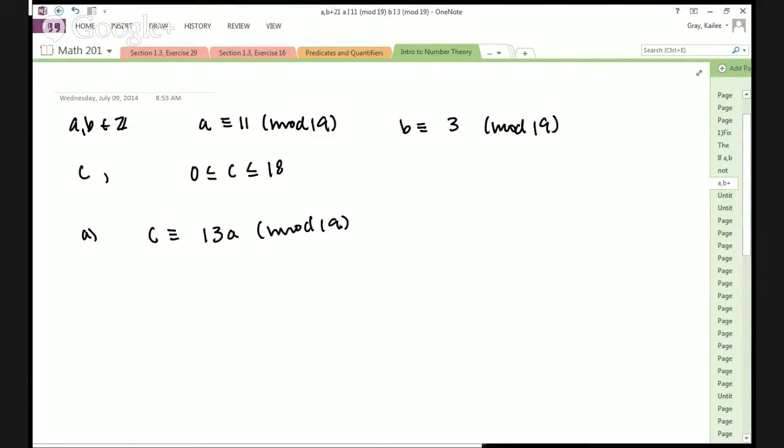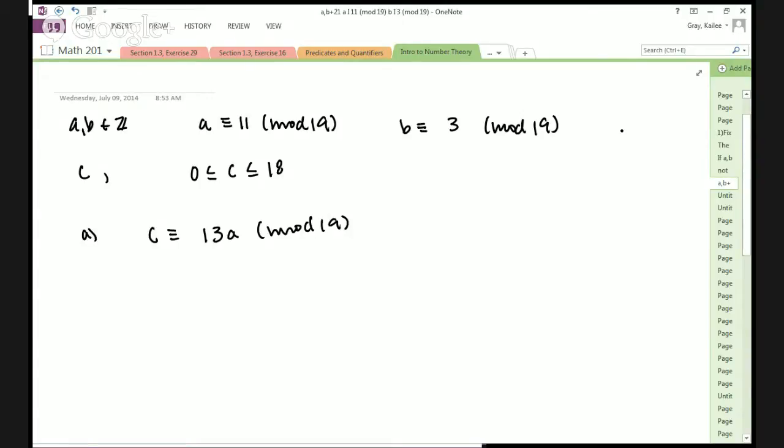It's kind of like combining equations, you know? So I can add to both sides of a congruence and still maintain its truth value.